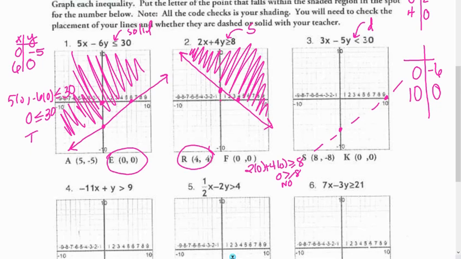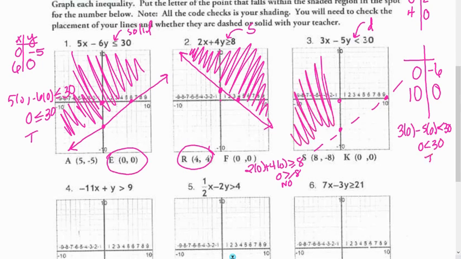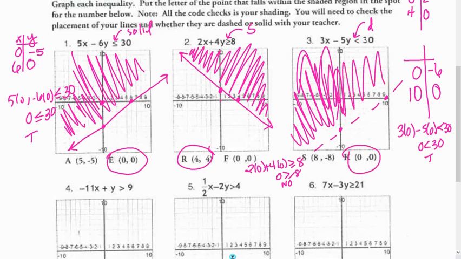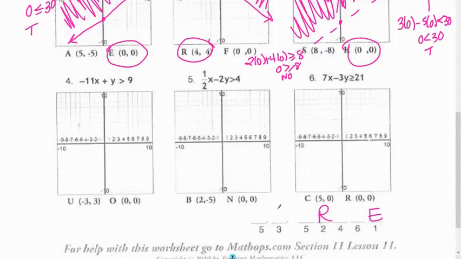Okay, so make sure you have a dashed line in there. Again, I'm going to try 0, 0. That's the point I like. 3 times 0 minus 5 times 0 less than 30. 0 less than 30. Yes, that's true. So I'm going to shade. And then 0, 0 is in my shaded area. So 3 is going to be K.